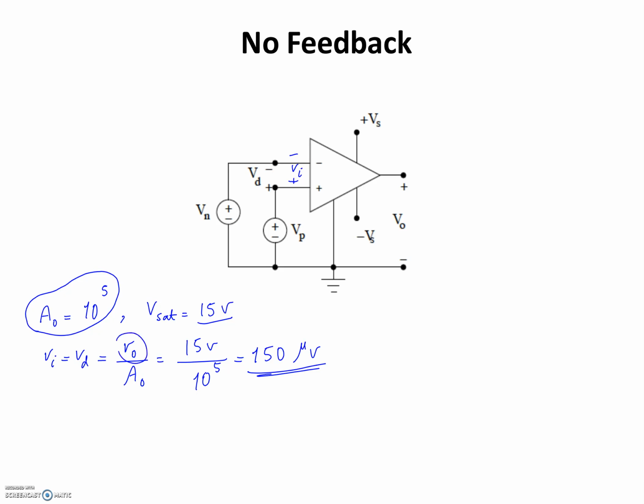So usually op-amps are not used in this open loop configuration. By open loop, I mean there is no feedback from V out to the input terminals, either positive or negative terminals of my op-amp. So we're going to see next how we can fix this situation and build a stable voltage amplifier using op-amps.